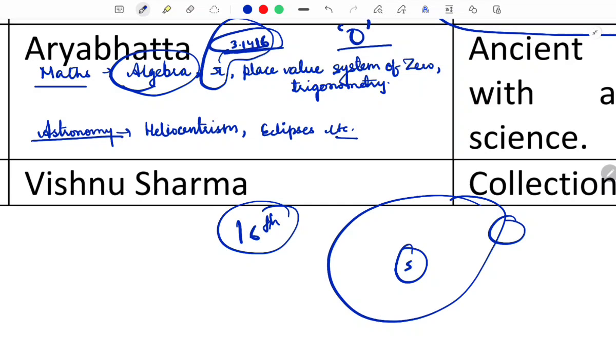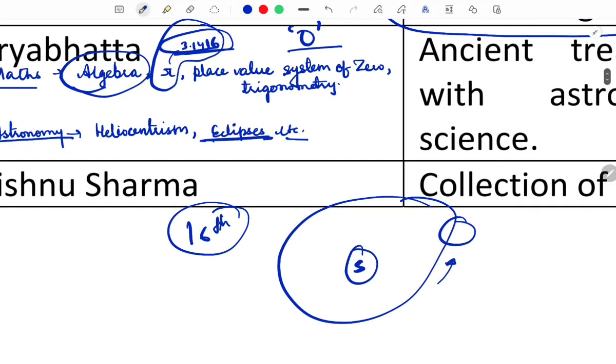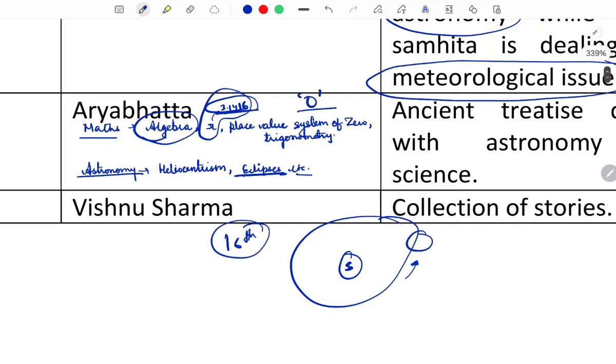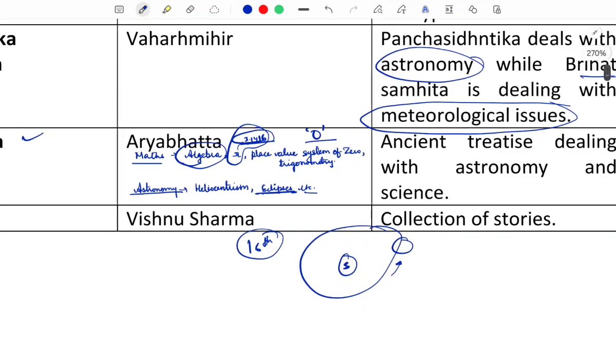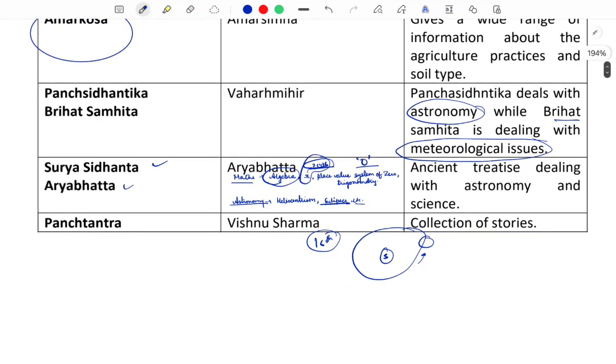Actually, the sun is in the center and the earth is revolving around it. So this was the heliocentrism view, and this was propounded by Aryabhat at that time. He also gave some explanations for eclipses. Solar and lunar eclipses were defined by him, and he made us understand various things.